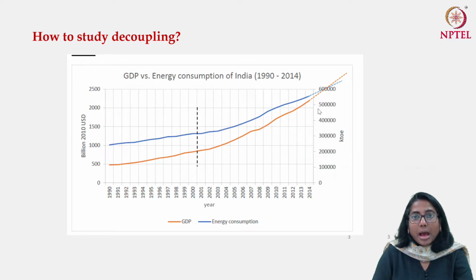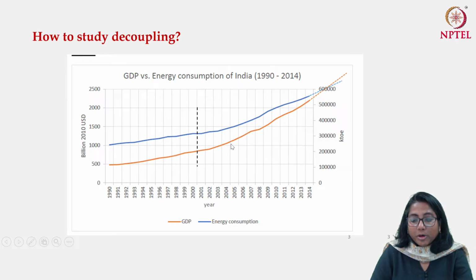Up to this point of time, both curves are going parallel. It means that the rate of increase in energy consumption is almost equal to the rate of increase in GDP. Therefore, the energy intensity of GDP remained almost the same; there was almost no change up to this point of time.